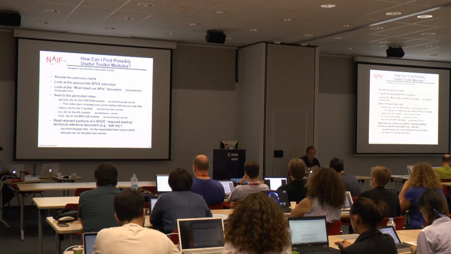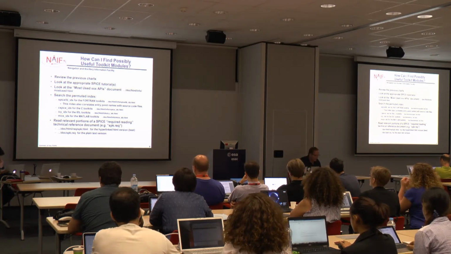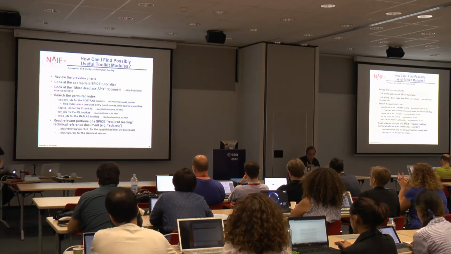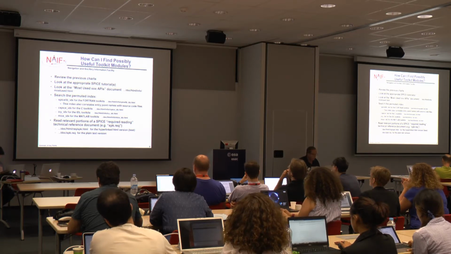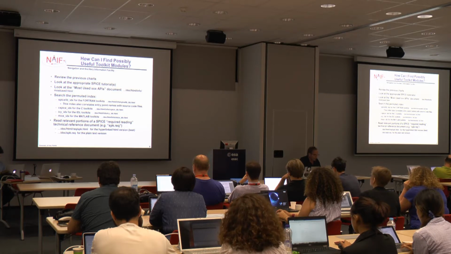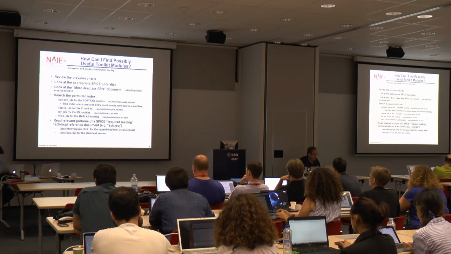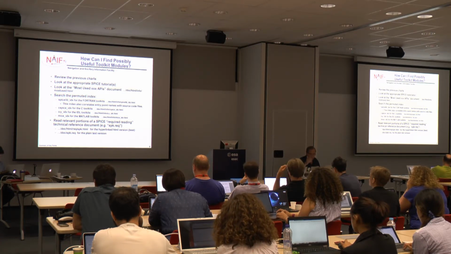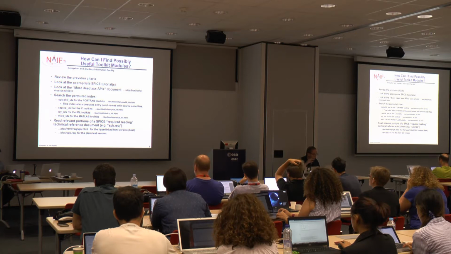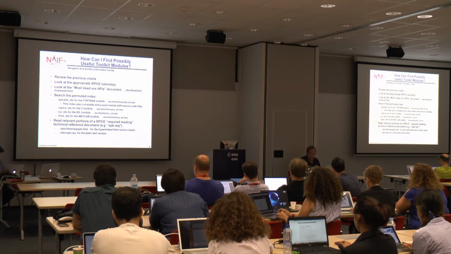So how can you find useful toolkit modules? Well, review the previous charts, as I keep saying. And look at the tutorials. You're going to have these tutorials available to you after this class. Look at the most used APIs document that Boris referenced a moment ago. That gives a quick summary of what the top 100 or so most often used APIs do. Search the permuted index.